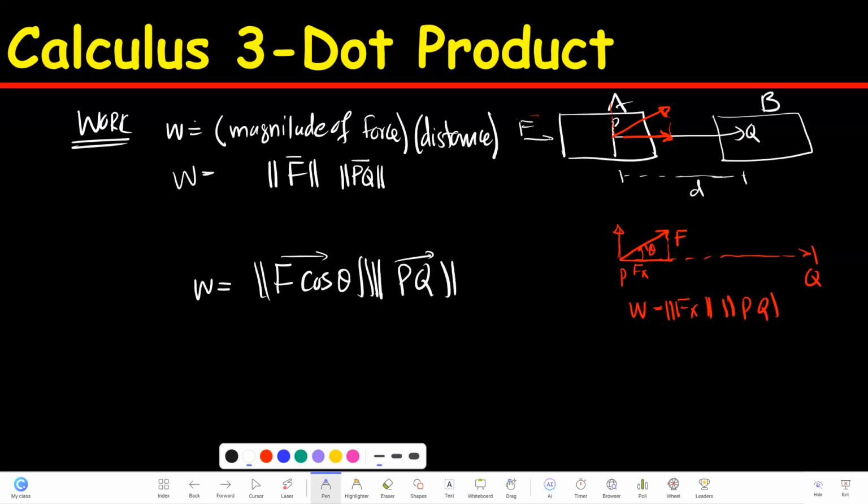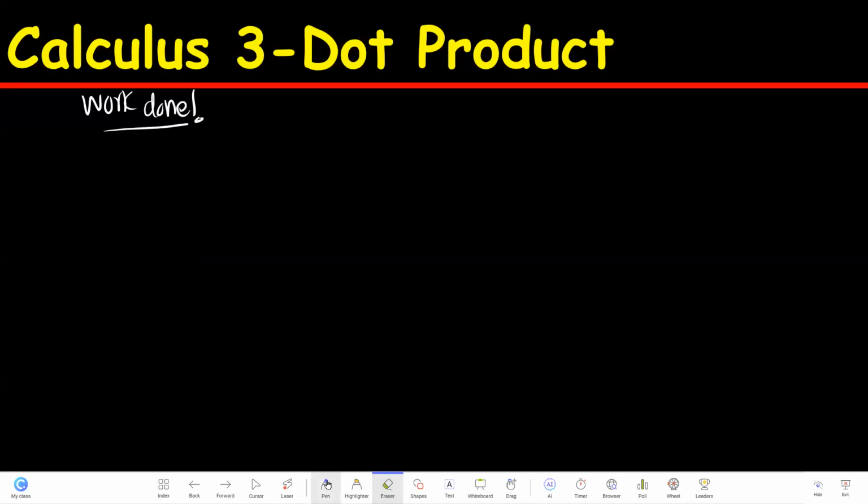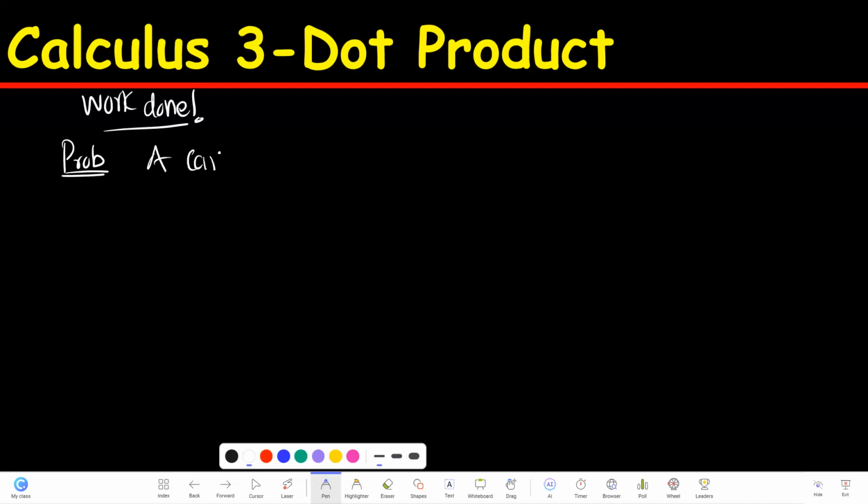Now let's take a look at a problem for this. A car is being towed using a force of 1600 Newton.